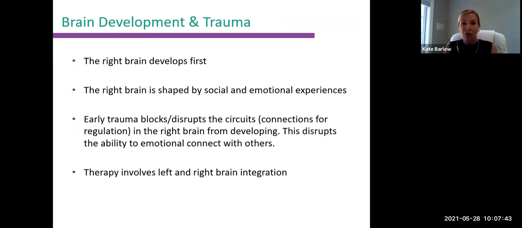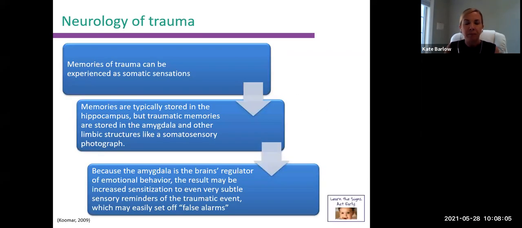So therapy for a child who's experienced trauma often involves the integration of the right and left brain, really helping that child experience this fight or flight feeling and being able to get themselves out of it and be able to self-regulate and really be able to feel in control of their bodies.